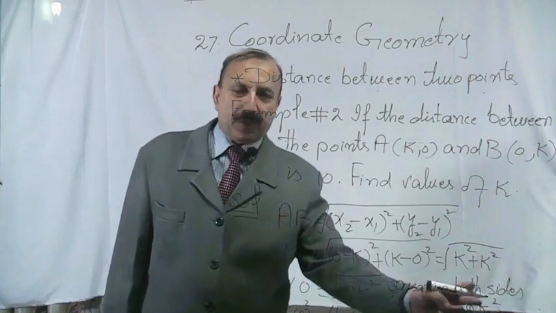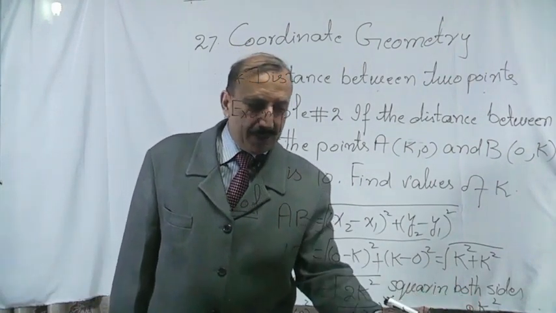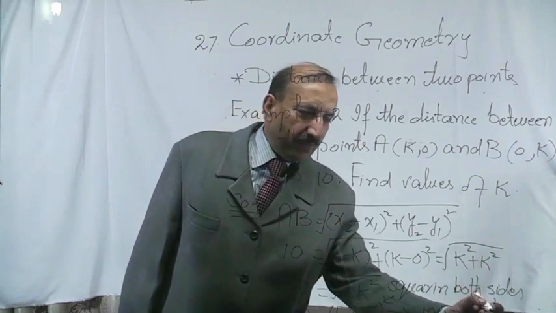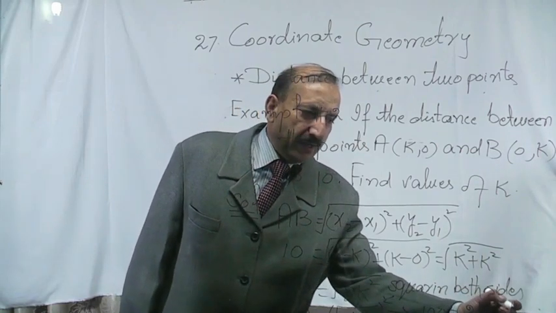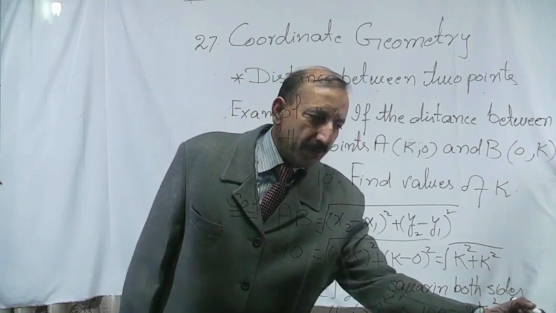We want to find the value of k, so this 2 which is multiplied here, we will transfer to this side, and this will give us 100 divided by 2 equal to k square.